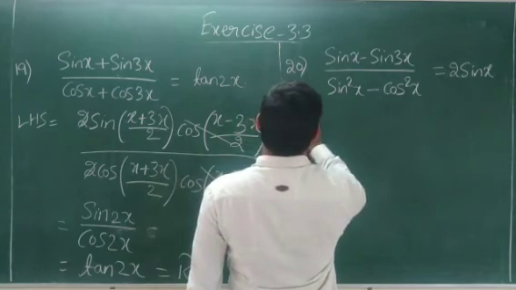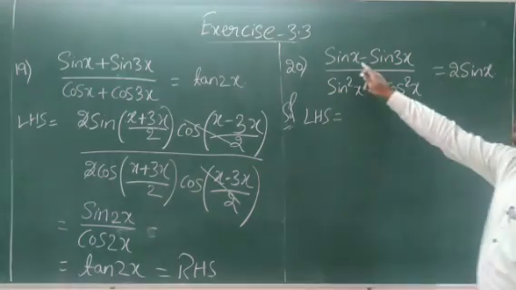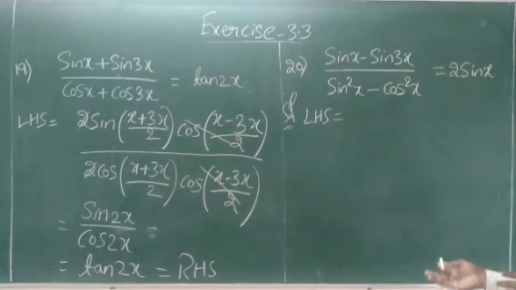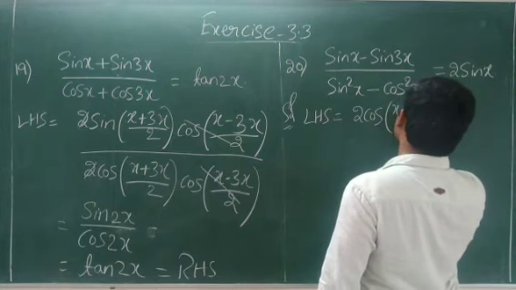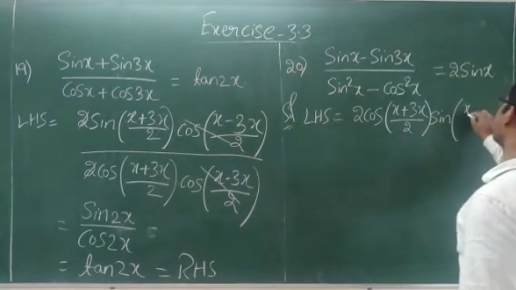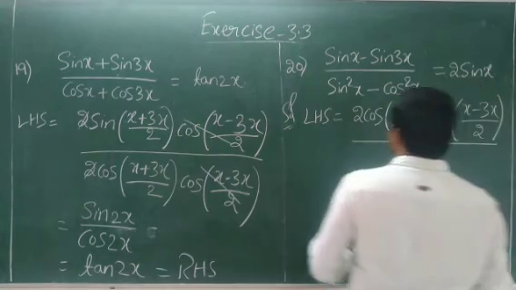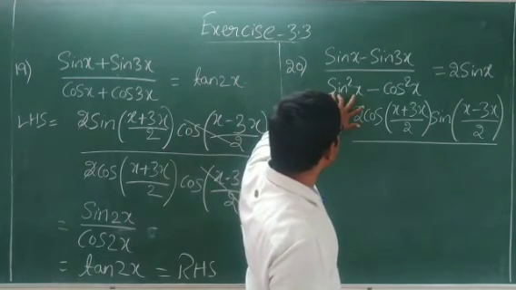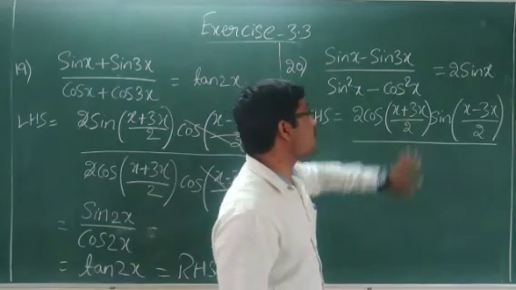Next come to the 20th question. Again LHS is equal to, now in the numerator we have sin x minus sin 3x. Sin x minus sin y is 2 cos of (x plus y) by 2 into sin of (x minus y) by 2, by, now in the denominator we can see this is in the form of sin square x minus cos square x.